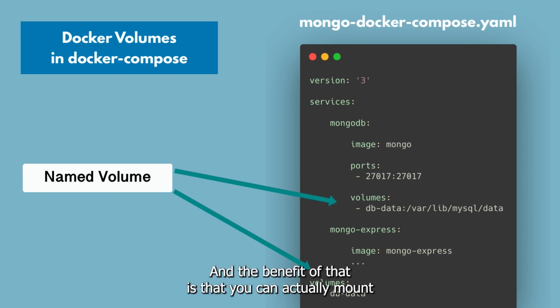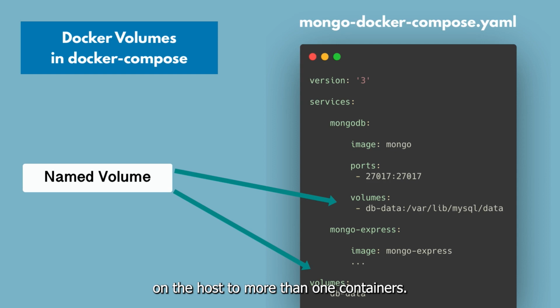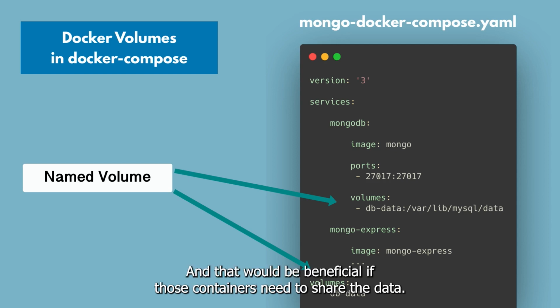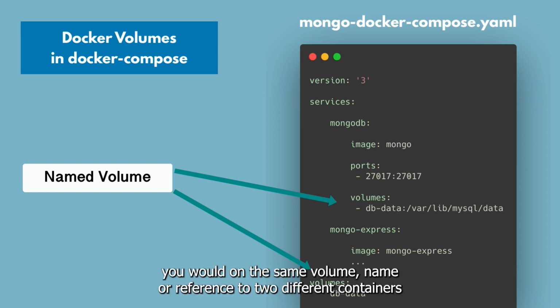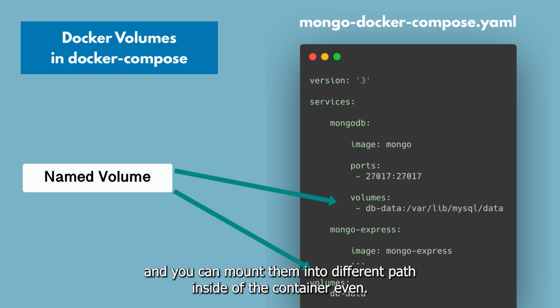The benefit of that is that you can mount a reference of the same folder on a host into more than one container. That would be beneficial if those containers need to share data. In this case, you would mount the same volume name or reference into two different containers, and you can even mount them into different paths inside the containers.